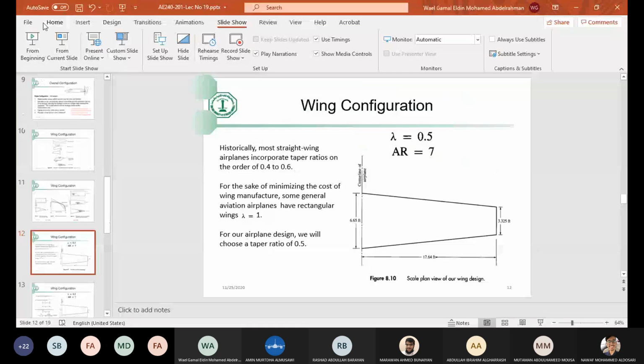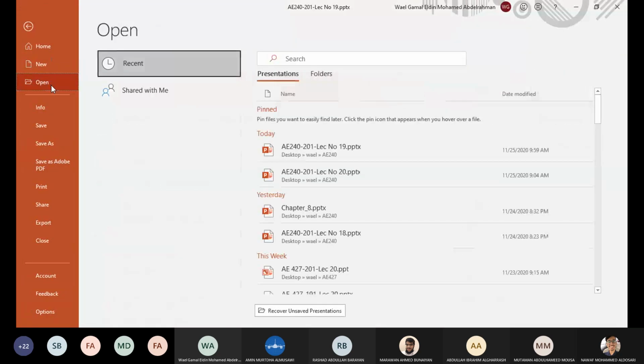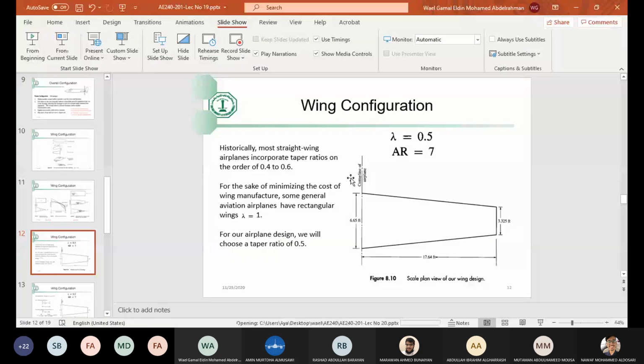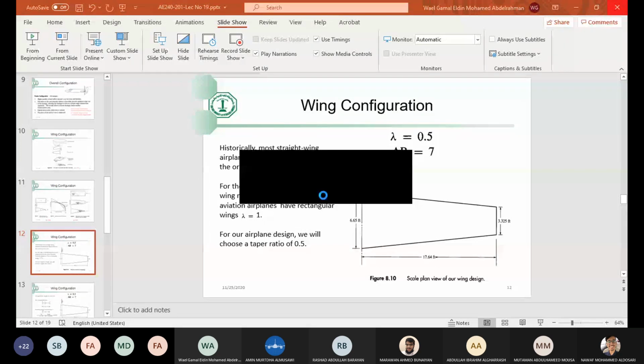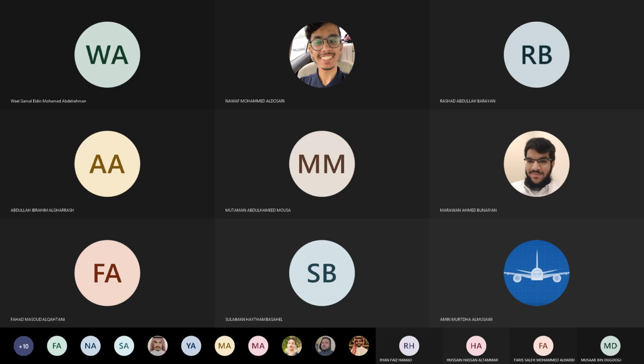Okay. Let me open the other one. Did the slide change? Can you see the new one, or do I have to select?